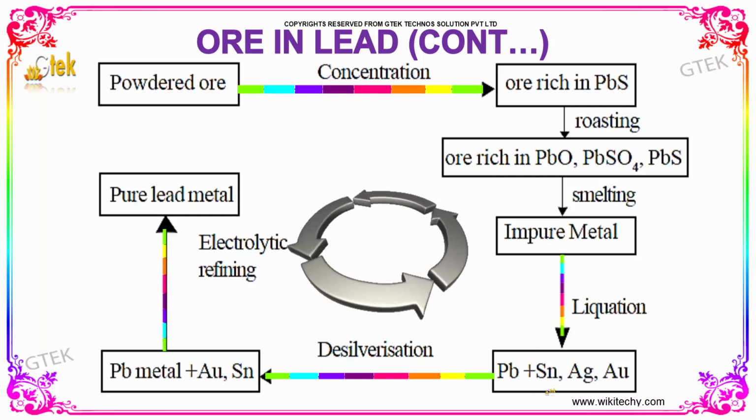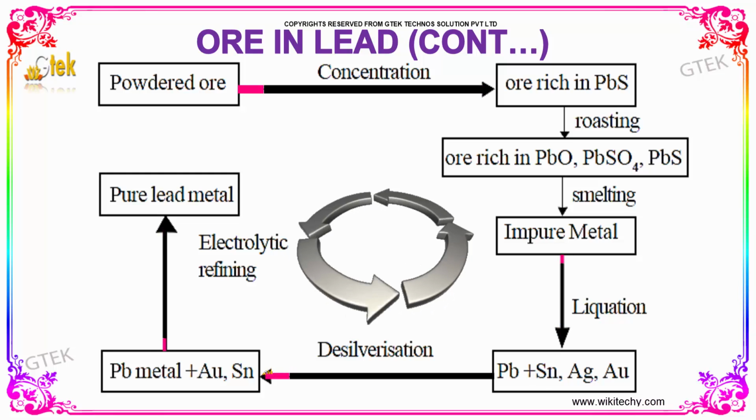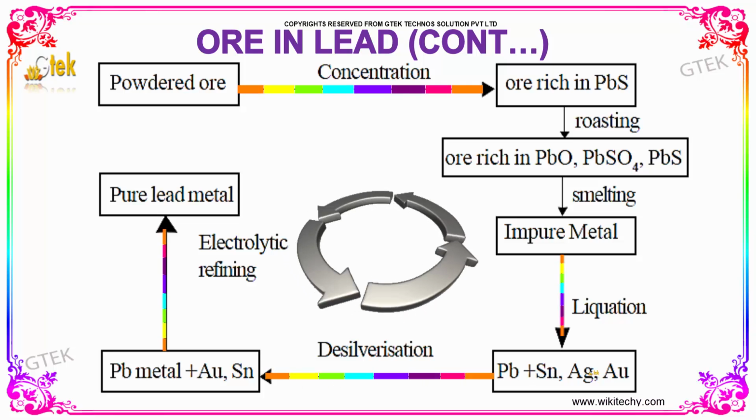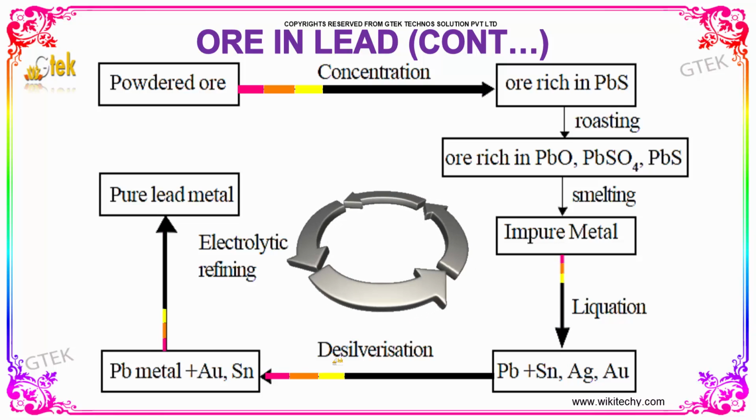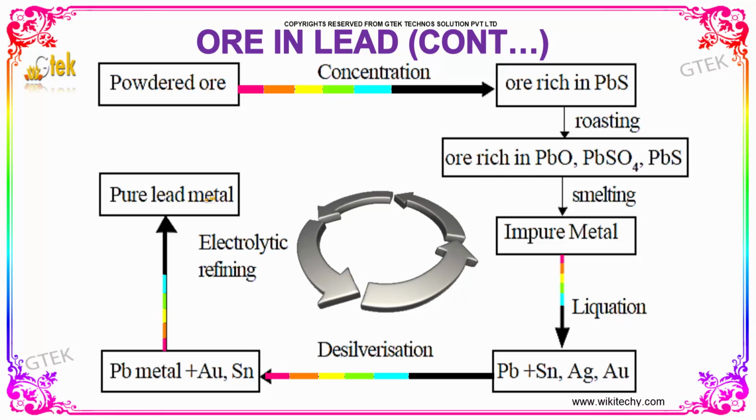Liquation is done to remove the lead. And we get lead with tin, silver and gold. Now with desilverisation, your silver is removed. In electrolytic refining, you get your pure lead metal. This is the overall process involved.